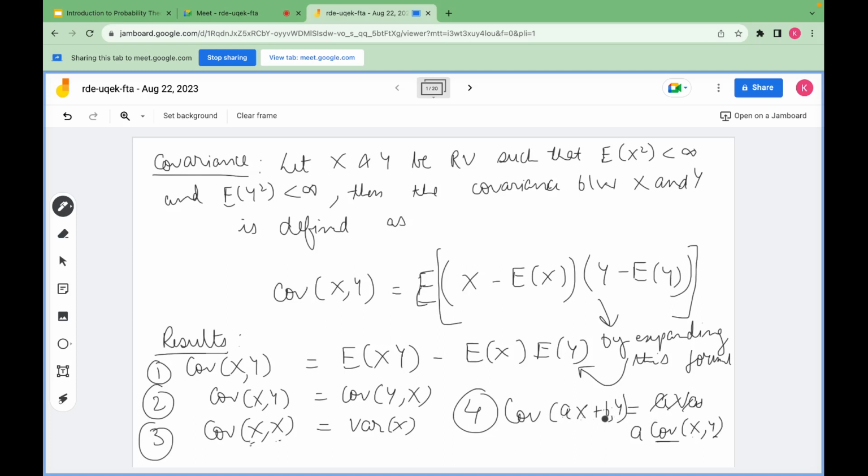So the covariance of aX plus b comma Y is a into covariance of X and Y.